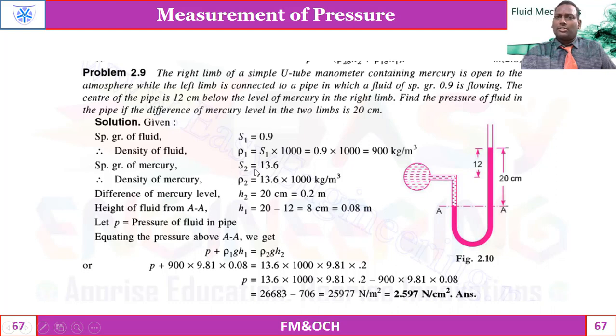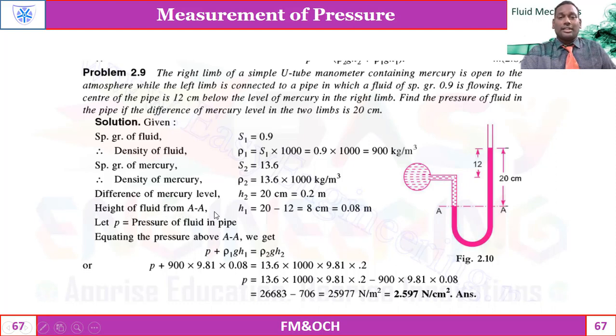The specific gravity of mercury is 13.6, and you can work out the density as 13.6 times the standard. Now they have also given the mercury level difference, which is 20 centimeters, or 0.2 meter when converted.